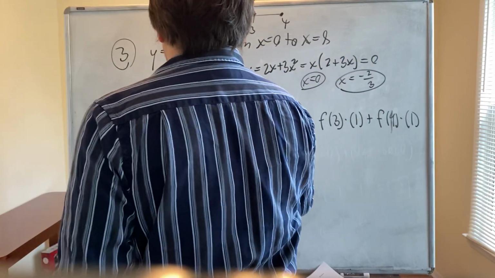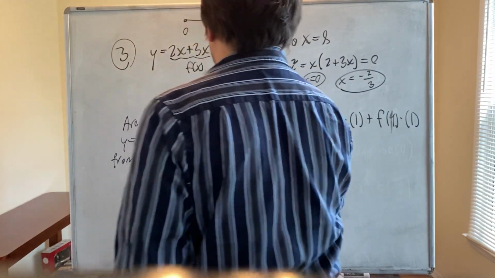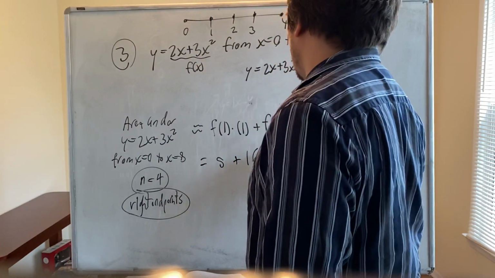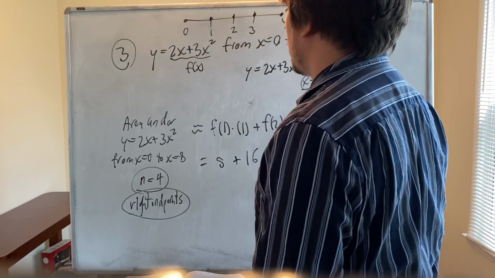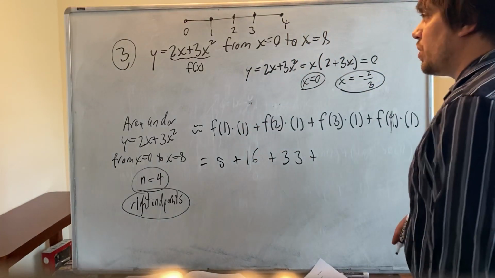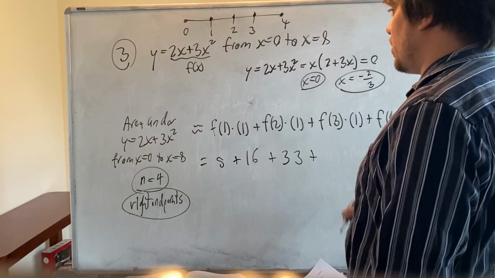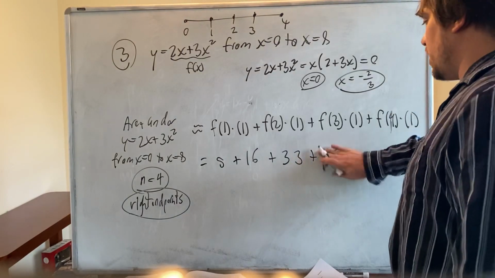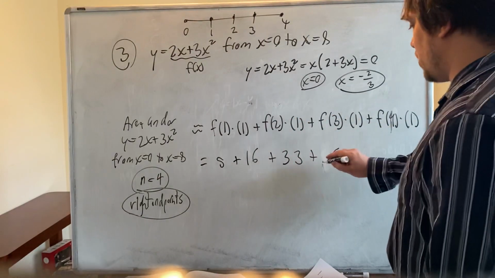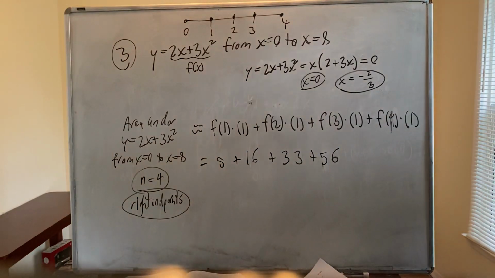So you plug in 1, and f of 1 is 5, plus f of 2, which is 4 plus 12, which is 16, plus f of 3 is 6 plus 27, which is 33, plus f of 4, which is 48 plus 8, which is 56. Okay? Each times 1, so you're just adding the values f of 1 plus f of 2 plus f of 3 plus f of 4.